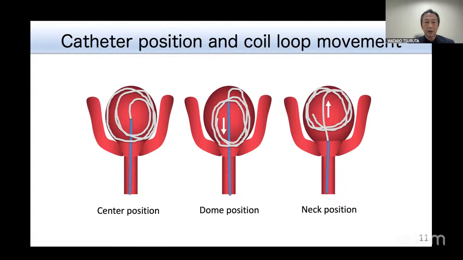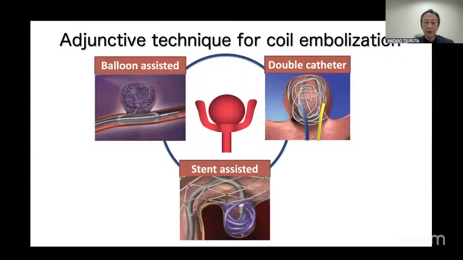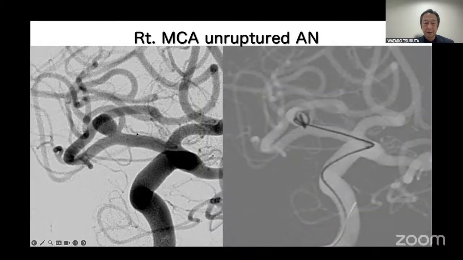So we can control coil loop movement by catheter maneuver. In this case, an unruptured wide neck MCA aneurysm, the catheter is at the neck position, out of the neck, and coil loops go into the aneurysm.